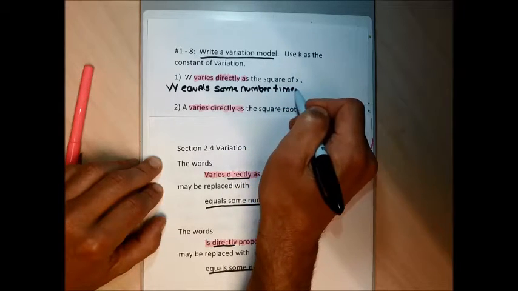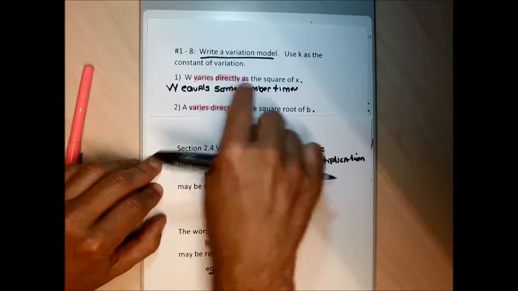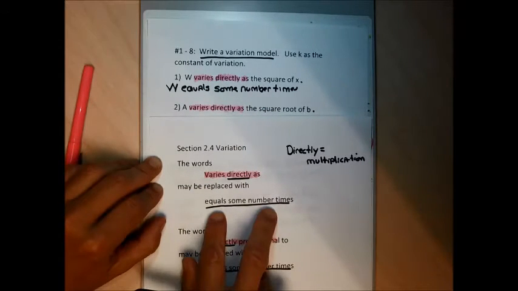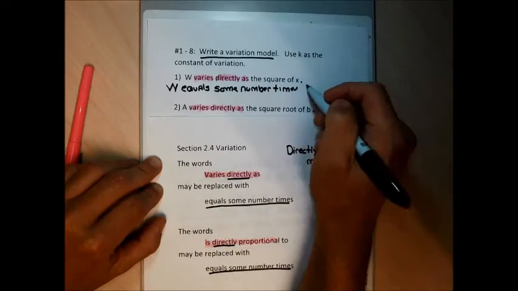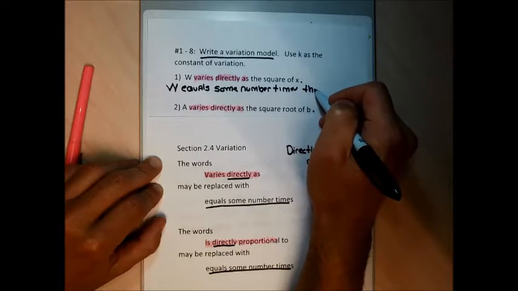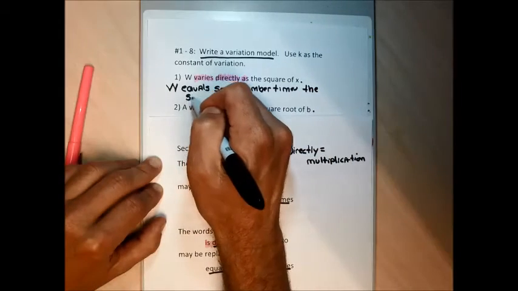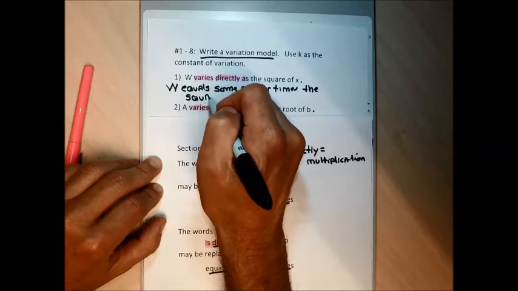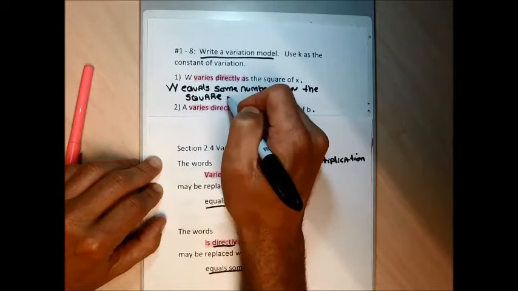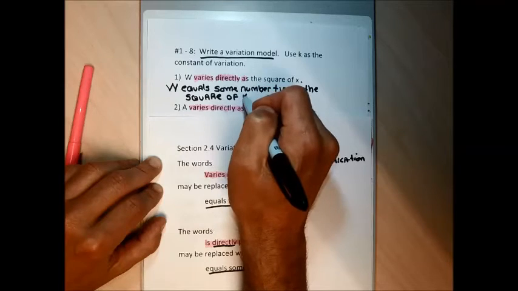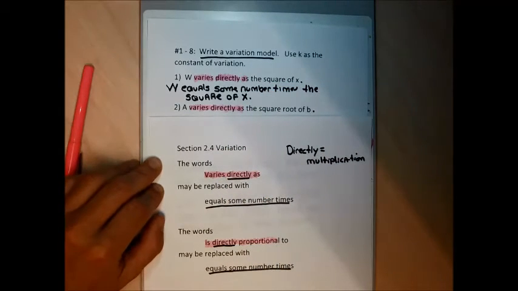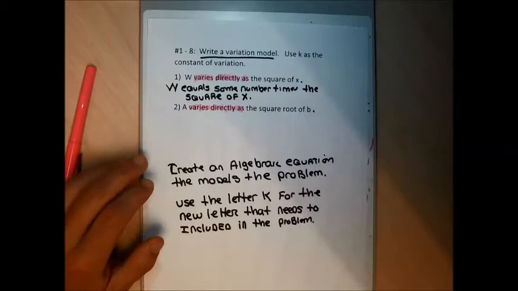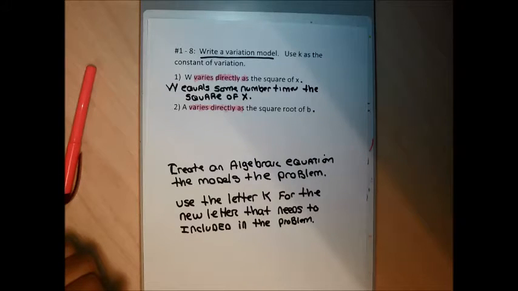So that's just switching out "varies directly as" for what it can be transformed to that's maybe more understandable. So this version of problem 1 has the same meaning as the initial version of problem 1, but maybe it's more understandable.